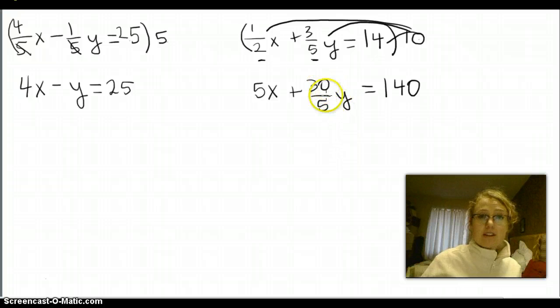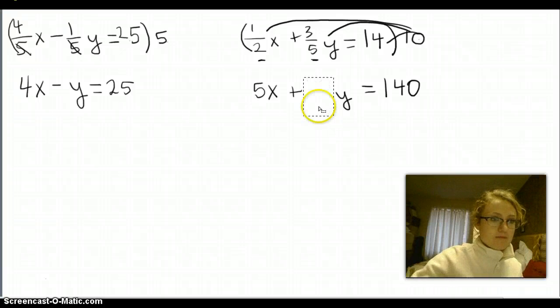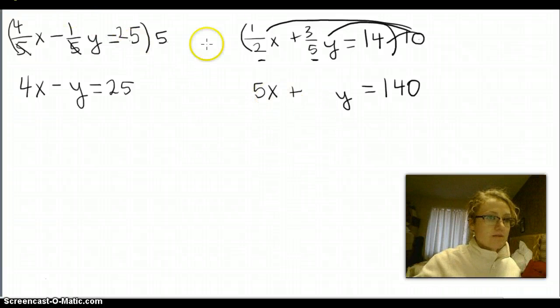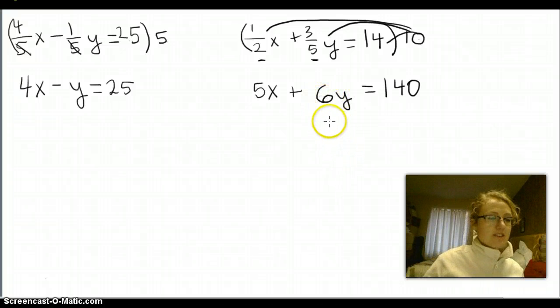However, we know that 30 divided by 5 is equal to 6. So let's go ahead and change this to a 6. Okay, this looks a little bit better and easier to deal with.